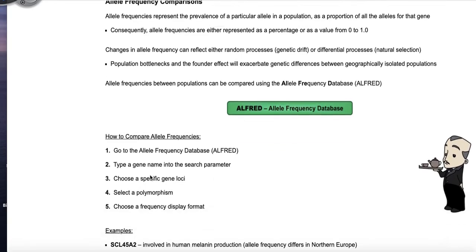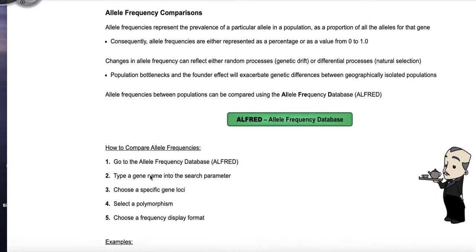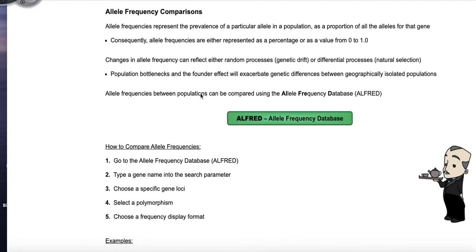The information here below, it's interesting for you to look at. It's not required for you to be able to get any significant information from this ALFRED database. But if you want to look at allele frequencies between populations, let's say in North America compared to populations in Europe or Africa, this database compares all of the allele frequencies of all the different genes of Homo sapiens.